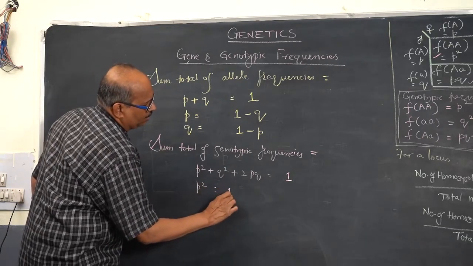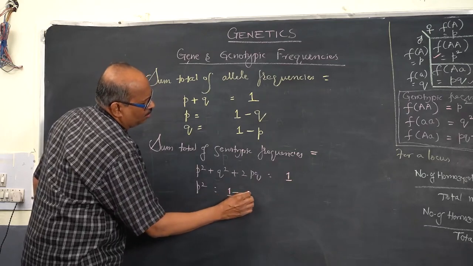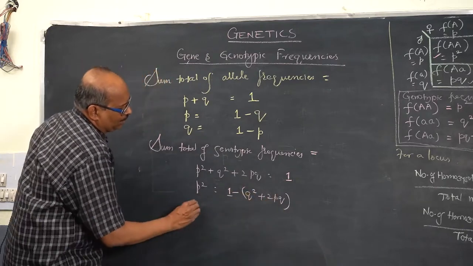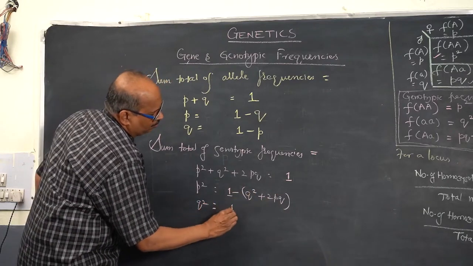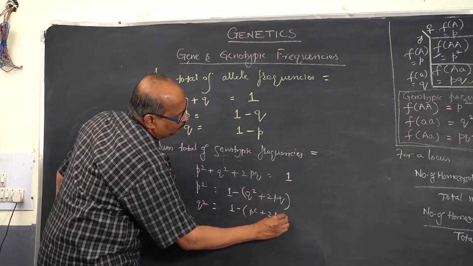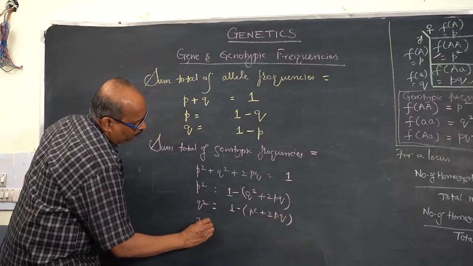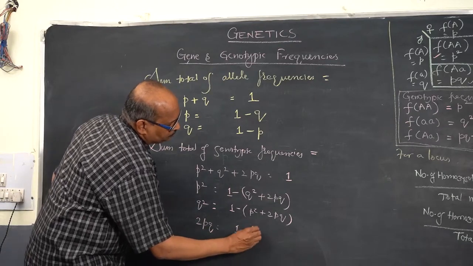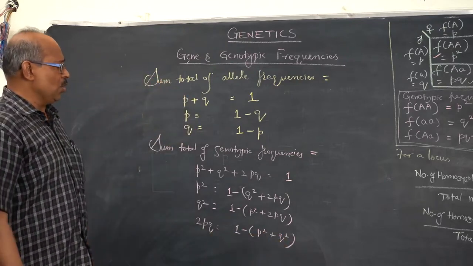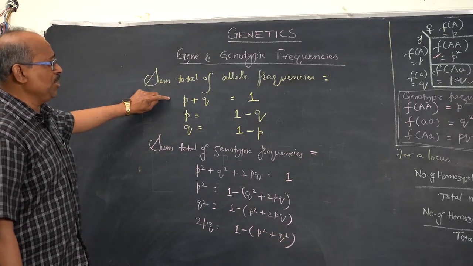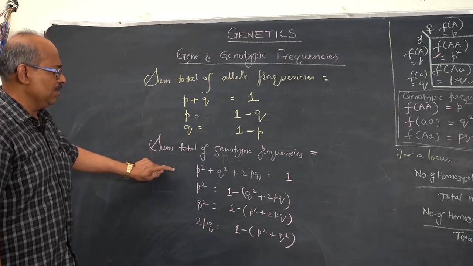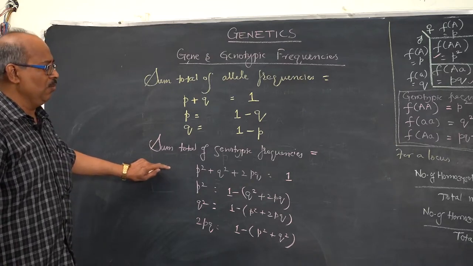P square will be, transfer this to the other side, 1 minus (Q square plus 2PQ). Similarly, if you want Q square, 1 minus, transfer this to the other side, (P square plus 2PQ). You want 2PQ, again the same. So at gene frequency level, sum total of the frequency is 1. At genotypic level, the sum total of the frequency will be 1.